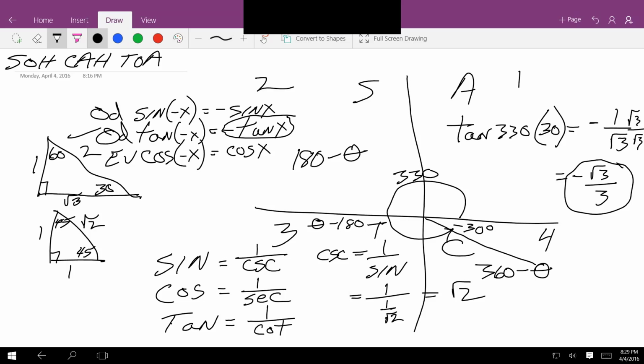And that property is true for not just sine, tangent, and cosine, but also their reciprocals. In other words, the cosecant of negative x is negative cosecant of x. Okay, let me put a little box around that because I got so much stuff on this page that it's kind of overrunning.